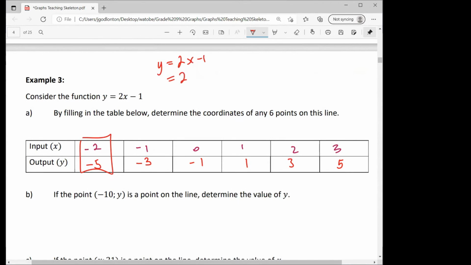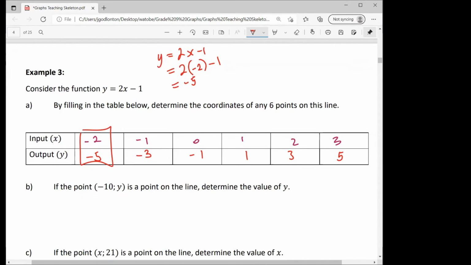Wherever we have that x, I now want to have a bracket and I want to say 2 times (-2) minus 1. So on your calculator, I want you to write it so it looks exactly like that: 2, bracket, -2, bracket, minus 1. So I got it. Yay. Okay. It's all about how you put it into your calculator. Yes. Thank you. You're welcome.